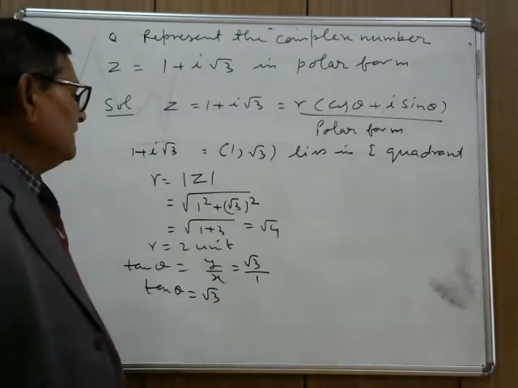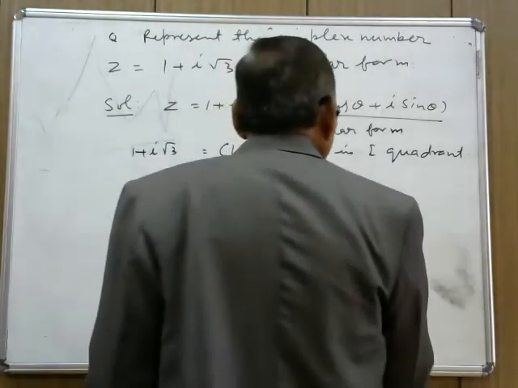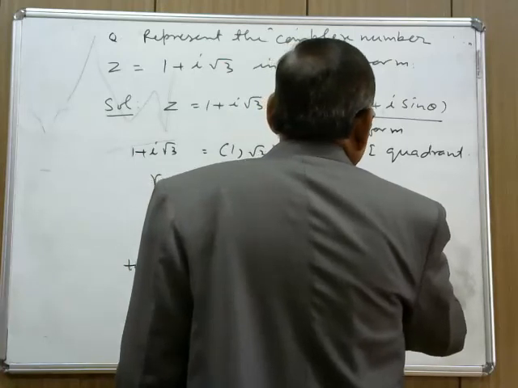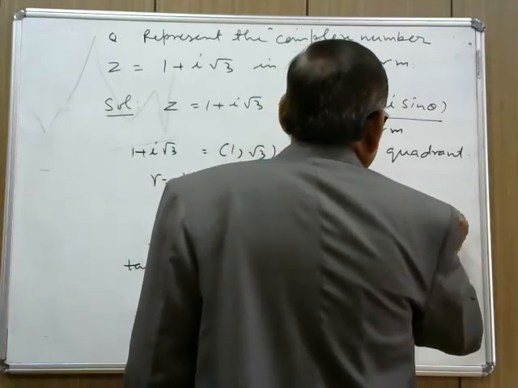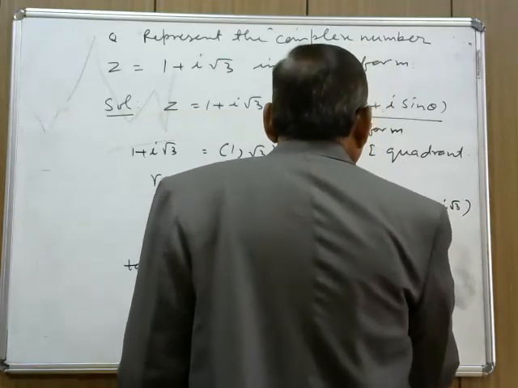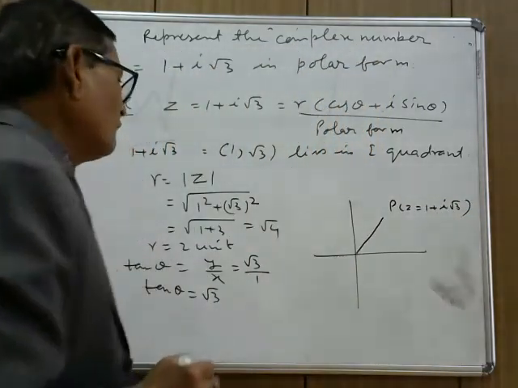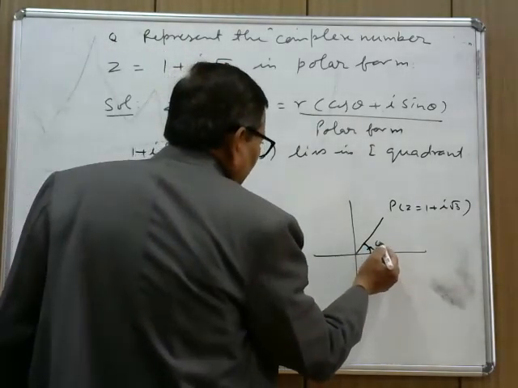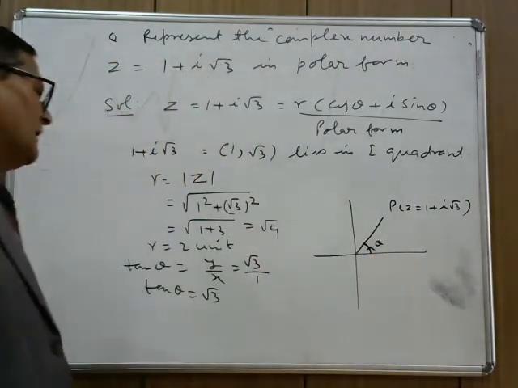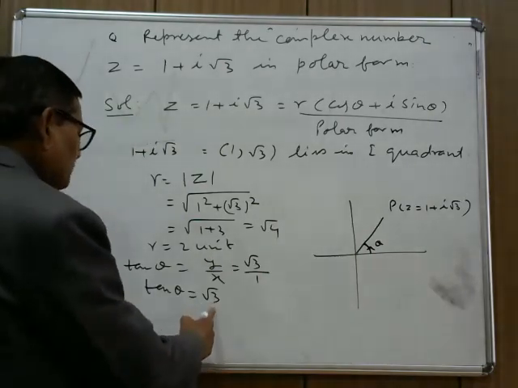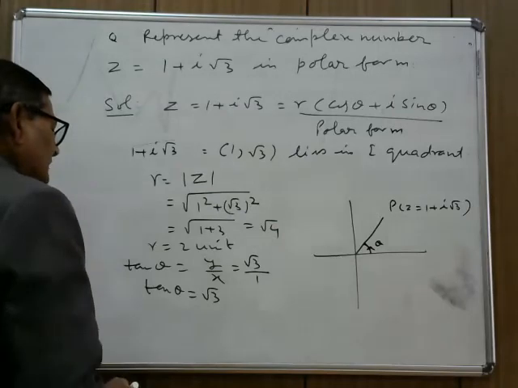As theta lies in the first quadrant, when your complex number P lies in the first quadrant, what is the value of theta? Your theta is this, measured from the positive direction of the x-axis, and root 3 is the value of tan 60.